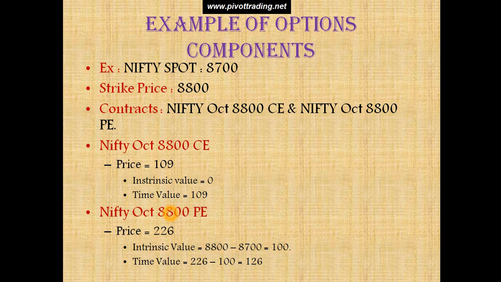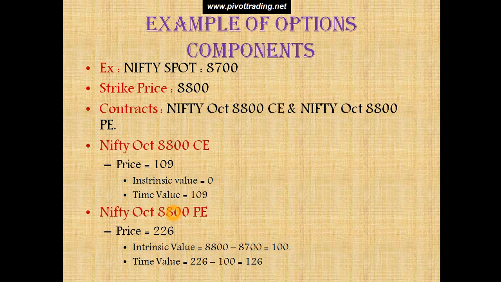So with 8800 P, what you're trying to say is I am selling Nifty at 8800, or Nifty will go below 8800. Now let's see what is the current price of Nifty today. It is 8700, and you are saying I want to sell Nifty at 8800. So you are trying to sell something at a higher price than the current price.